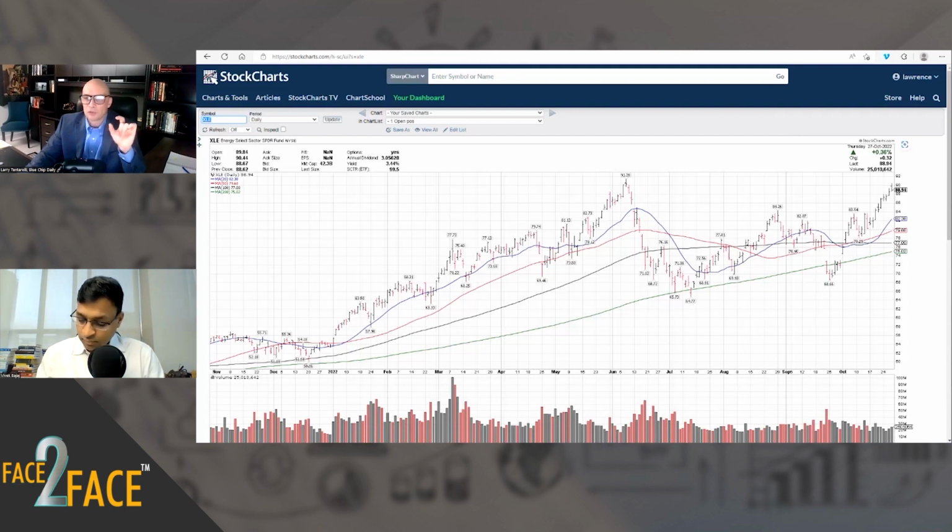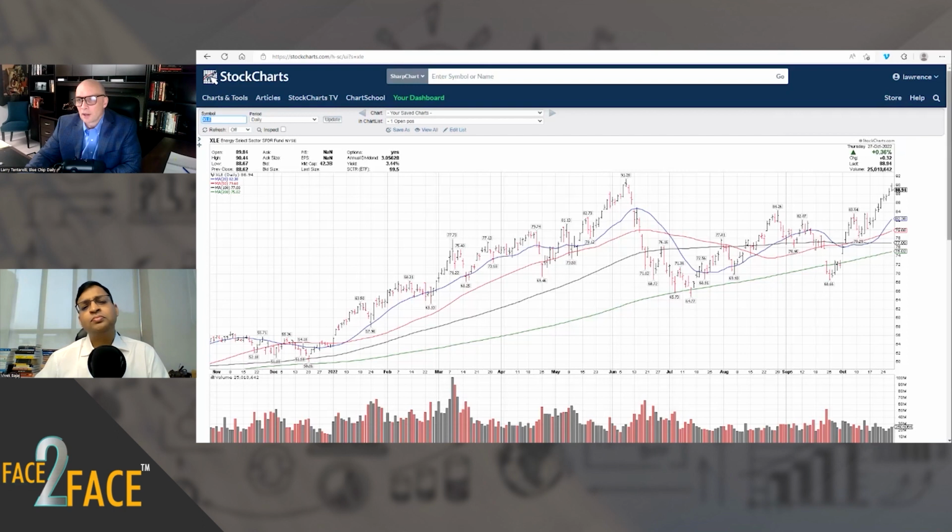And then I'll use the 20-day and the 50-day more for entry and timing. I don't really use the 100-day too much. I keep it on there for context, but the 20-day, the 50-day, and the 200-day, those are my three key moving averages that I look at.